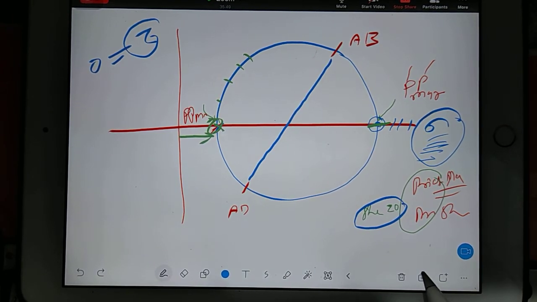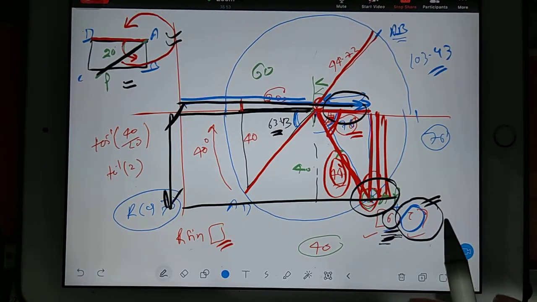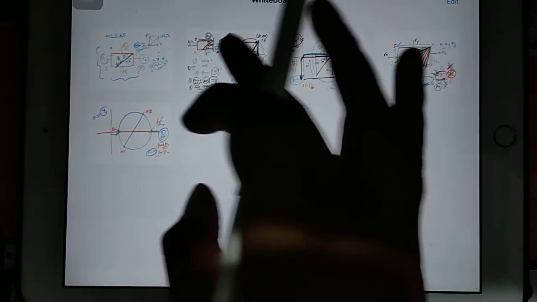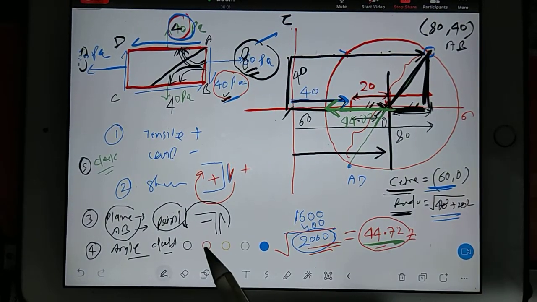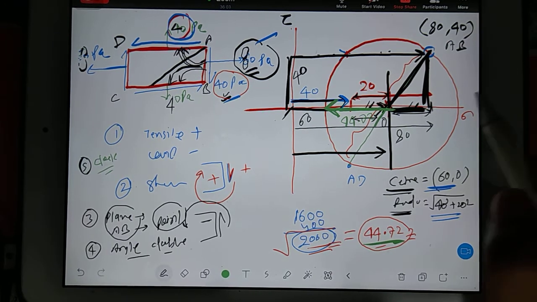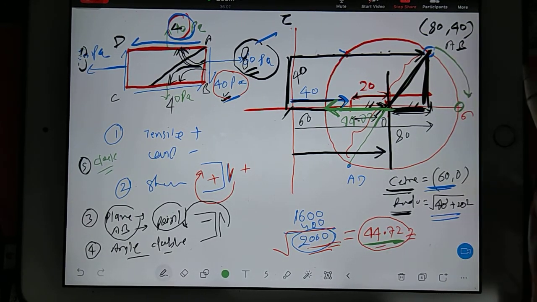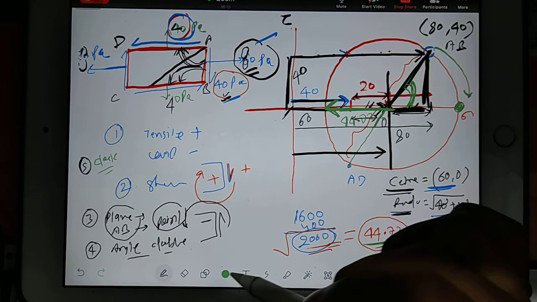Now in our previous question, the one I took, 80-40, if I have to find the principal plane, first you turn clockwise from this and find this angle. That will be the location of the principal plane.